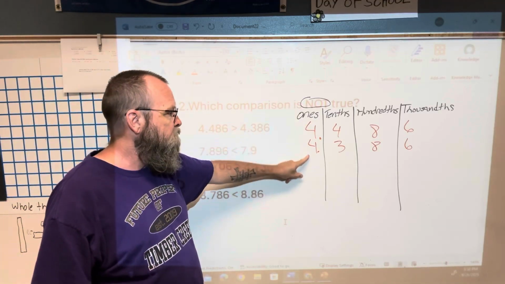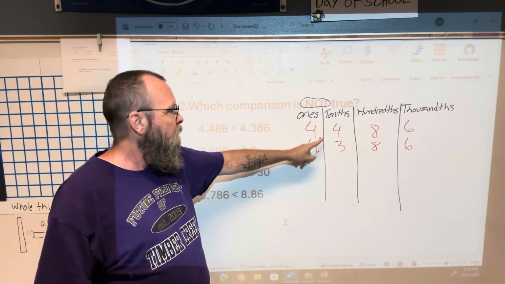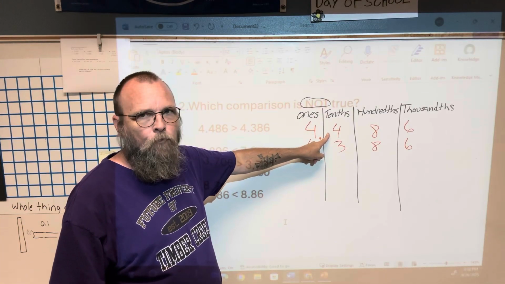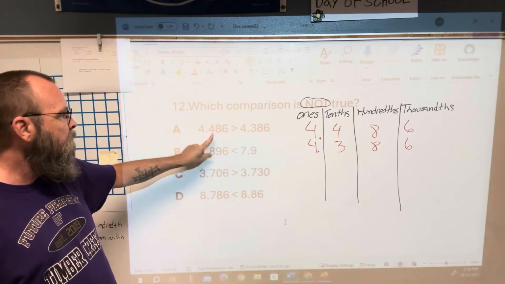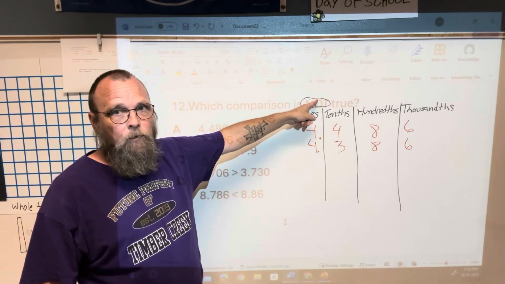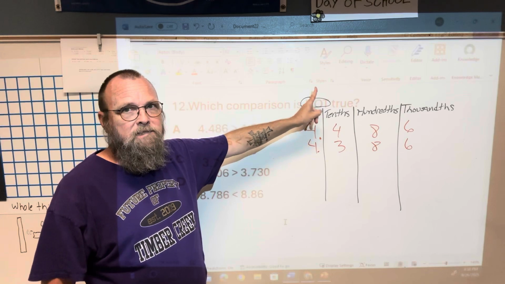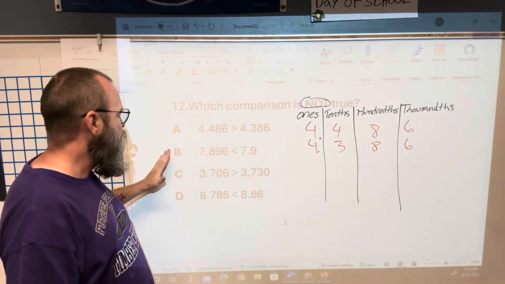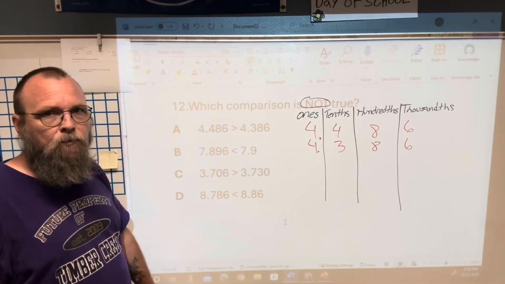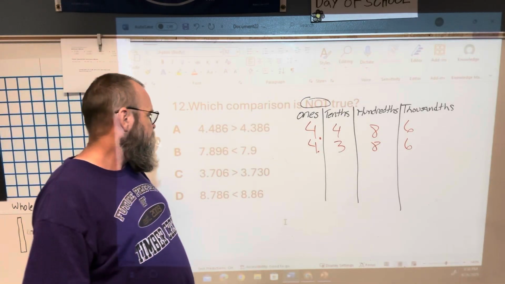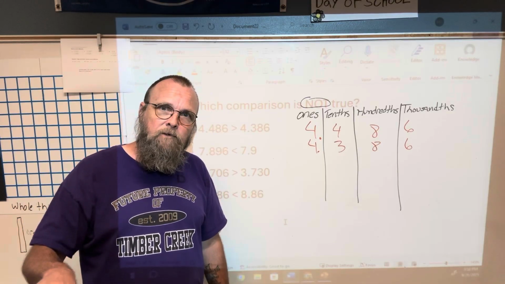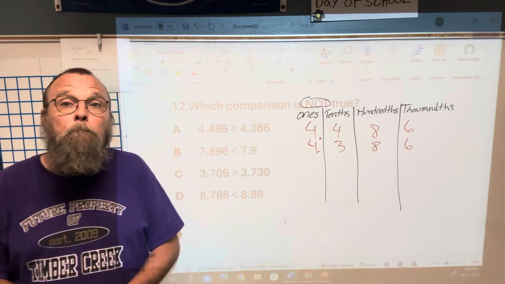If I look at my ones place, they're the same. I look at my tenths place, this is different. The one with the 4 in the tenths place is the biggest one, so this one is correct. That means it's not the right answer because we're looking for the one that is not correct. So you would do the same for all three of these and see which one is not correct. If it's not correct, that is your answer. Sounds kind of cray-cray, but it is.